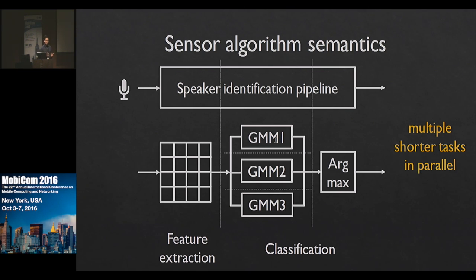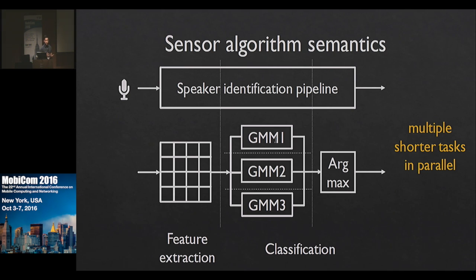The classification is based on Gaussian mixture models. Each speaker is represented by 1 Gaussian mixture model, and the pipeline works like this. It extracts the features and tries to match them subsequently against each of the Gaussian mixture models. The model with highest probability is the predicted speaker.